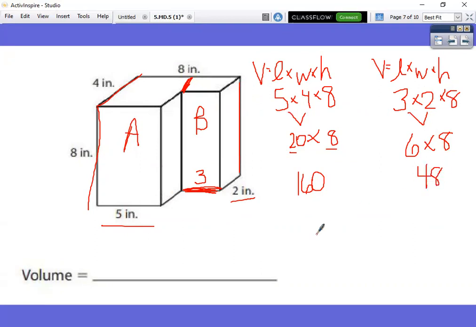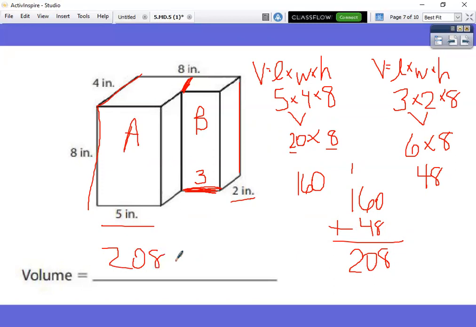All right, so now all we have to do is our third step, which is to add or combine the two together. So we have 160 plus 48. 0 plus 8, 6 plus 4 we know equals 10, and 1 plus 1 is 2. So our total volume is 208 cubic inches.